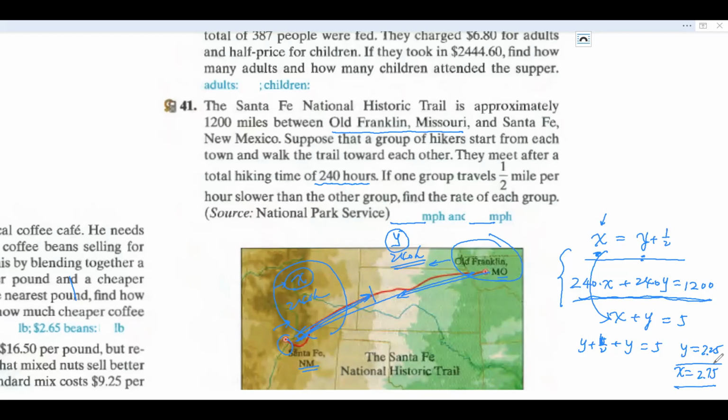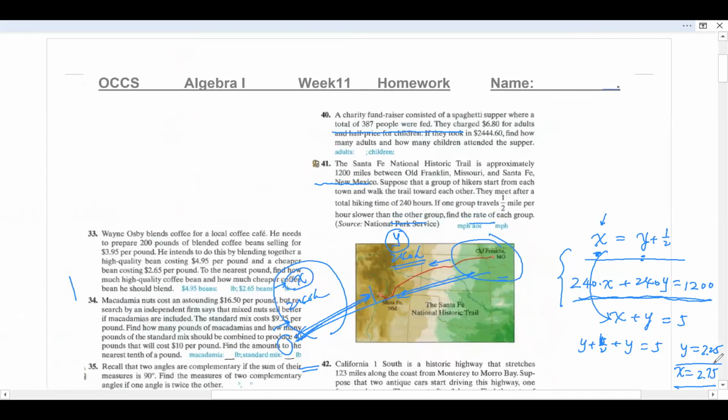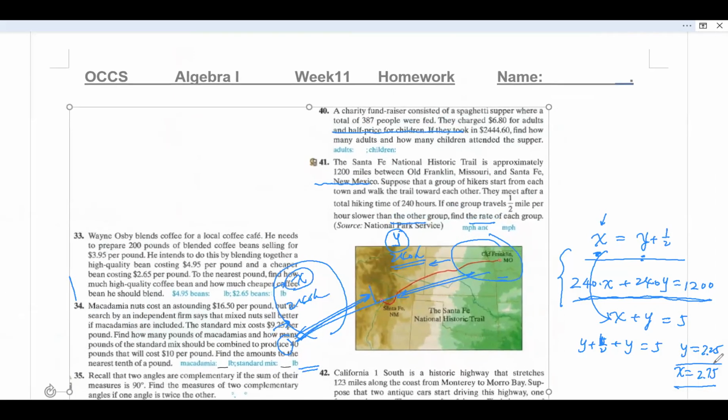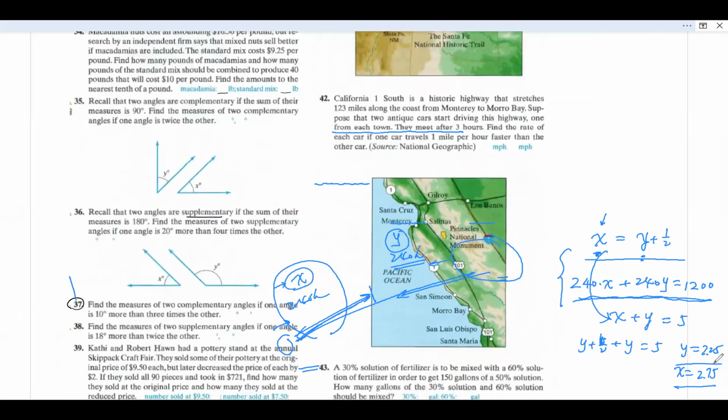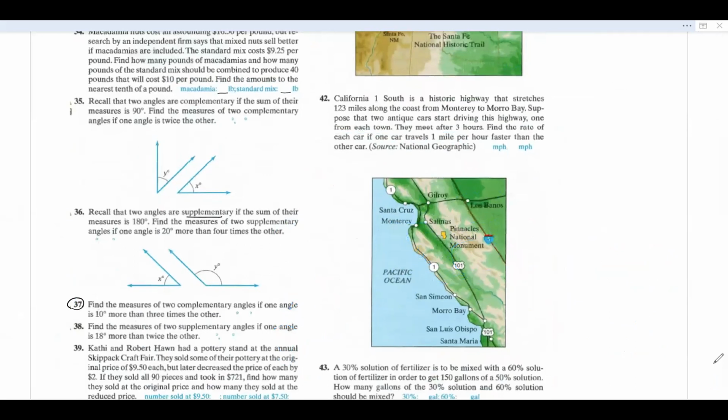All right, let's move on to the next one. This is also a distance question. California: has anyone in our class been to California? I've been to California.